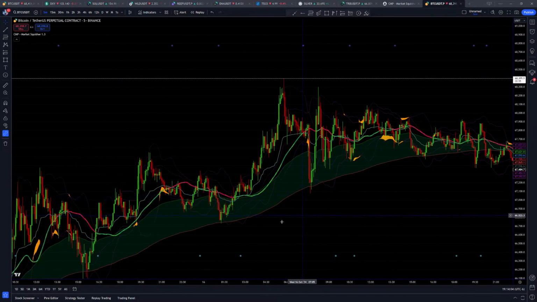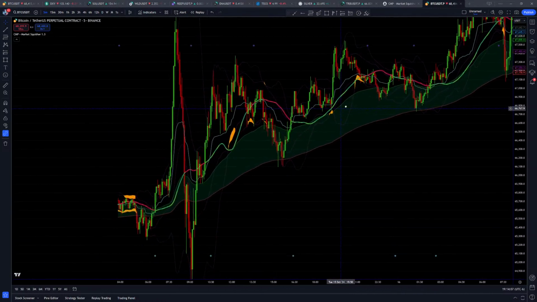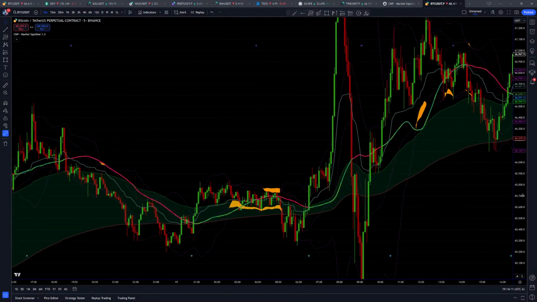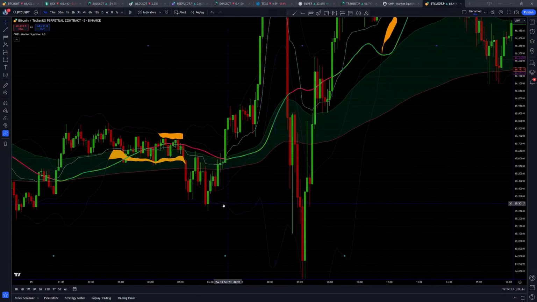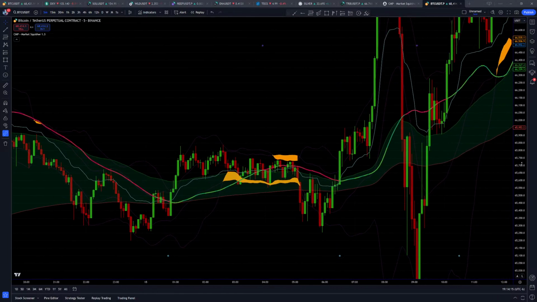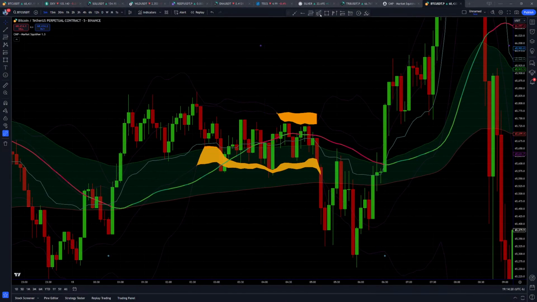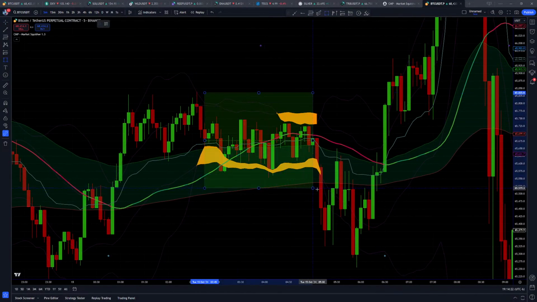And the claim to fame is that this setup was used for multiple over $1 million Tesla trades back in the day when Tesla went to the moon. That's what put this indicator on the map.